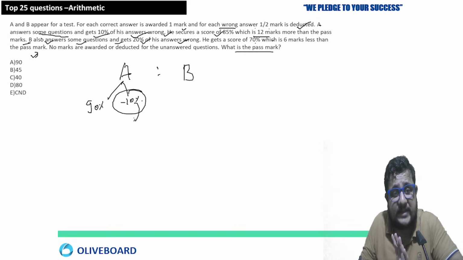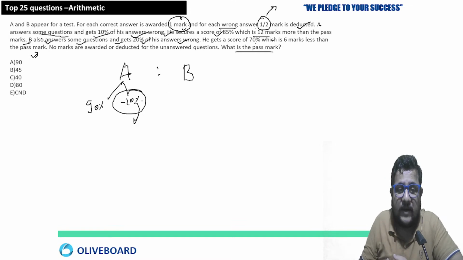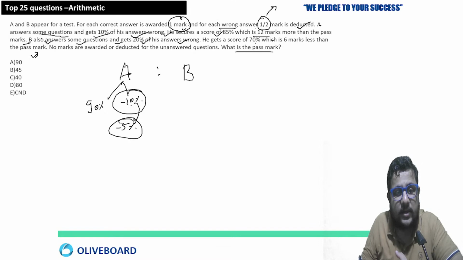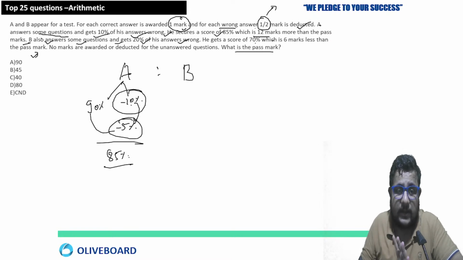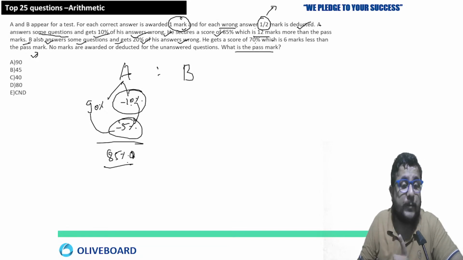But 1 mark is awarded for correct and half is deducted for the wrong one. So if 10% are wrong, then 5% more is deducted. So 90 minus 5 means 85%, right? He will get 85% as per his attempt.